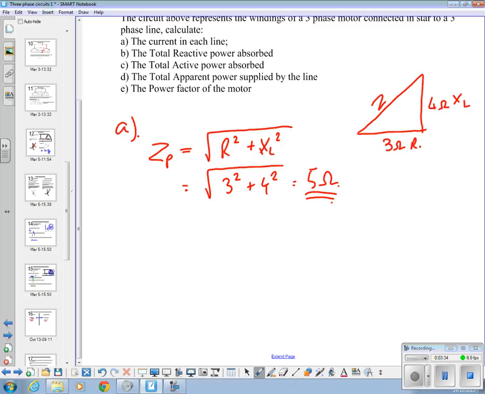Alright, therefore, I phase is equal to E phase over Z phase. How can we rewrite E phase? We haven't been given it, but we have been given something else.